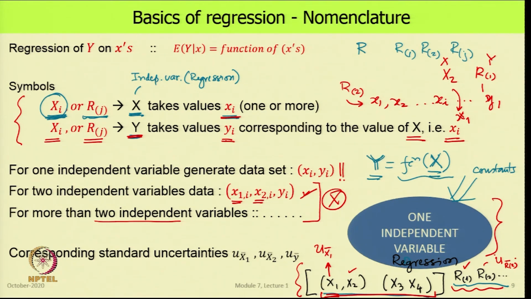All these values we are carrying forward from our previous analysis of uncertainty, and we will see how these become useful in our analysis. So, the data that came out of this is one, and its uncertainty is the second one. This is our input data for performing a regression.